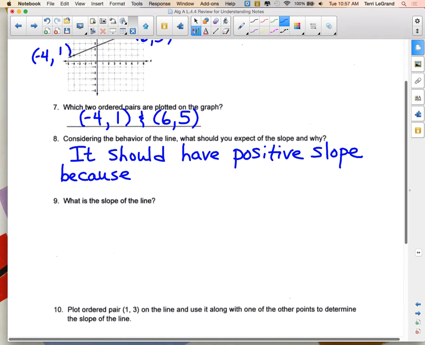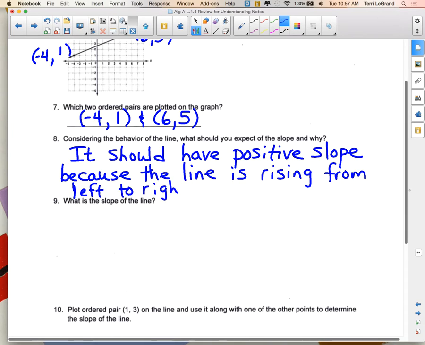I don't know what that means. Is that a line that smiles or what is it? Because the line is rising from left to right. Because the line is rising from left to right. That's why we say it has positive slope.